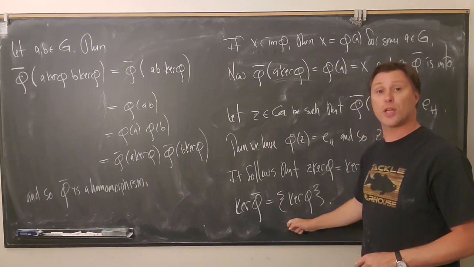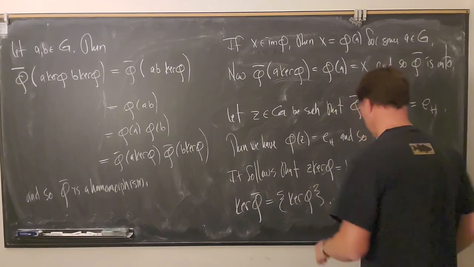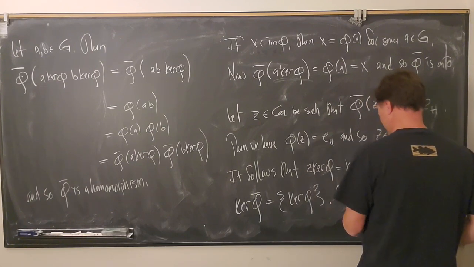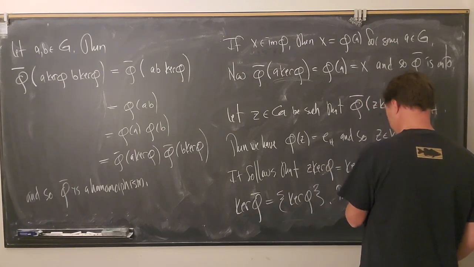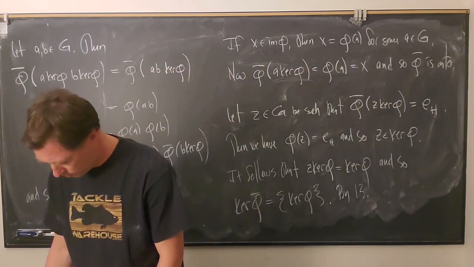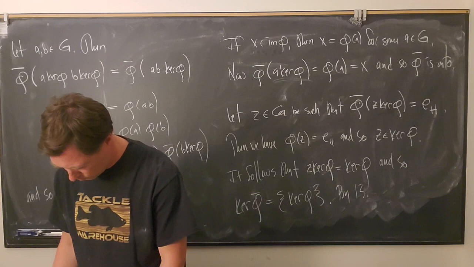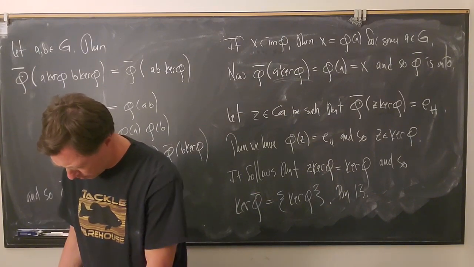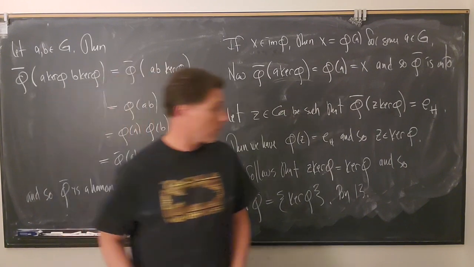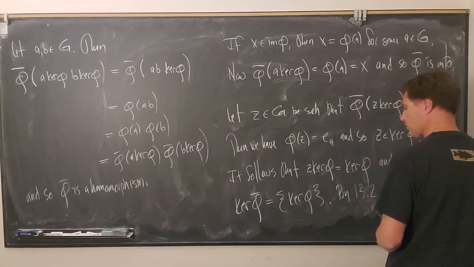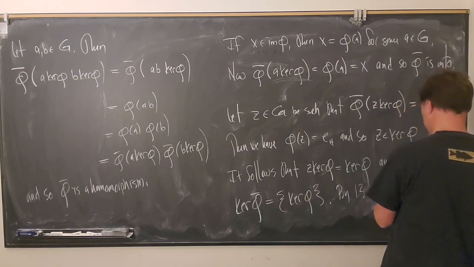It consists of just the identity coset. By 13.2, phi bar is one-to-one.